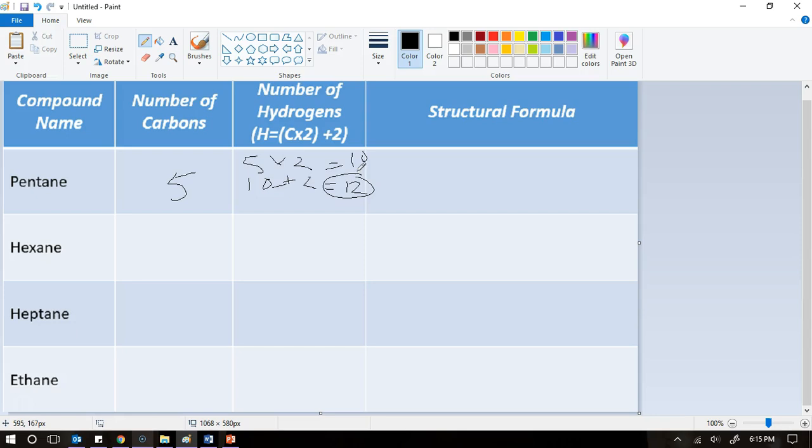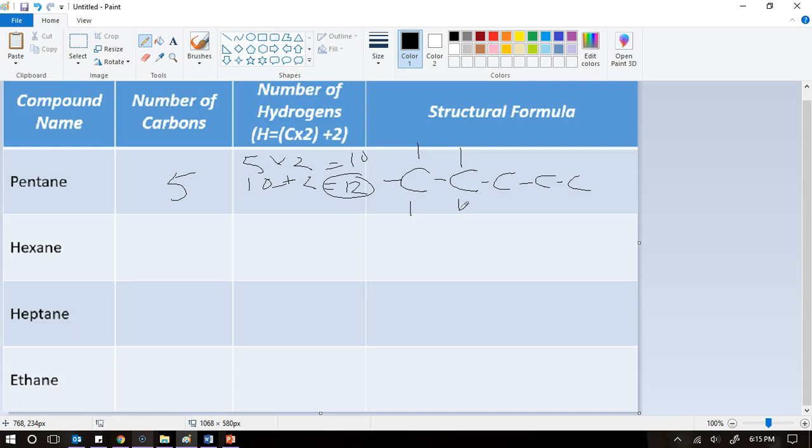So drawing out the structural formula, it's going to look something like this. Alright, so I need to do my 5 carbons, so 1, 2, 3, 4, and 5. Now carbon has to make 4 bonds, so currently I've got 1 here, 1 here, 3, and then my 4th is connected to the next carbon.